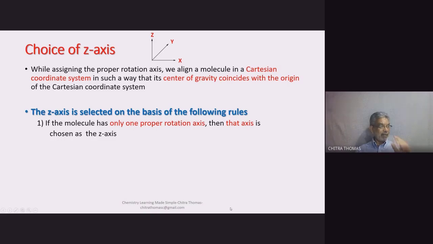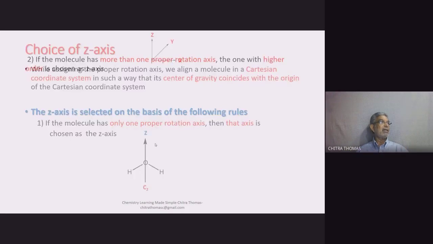You are exactly correct. Very good. See, the water, so this is an example. So this C2 axis is taken as the Z axis. Okay, so this is the first rule. It's a logic, common sense rule. If the molecule has only one proper rotation axis, then that axis is chosen as the Z axis.